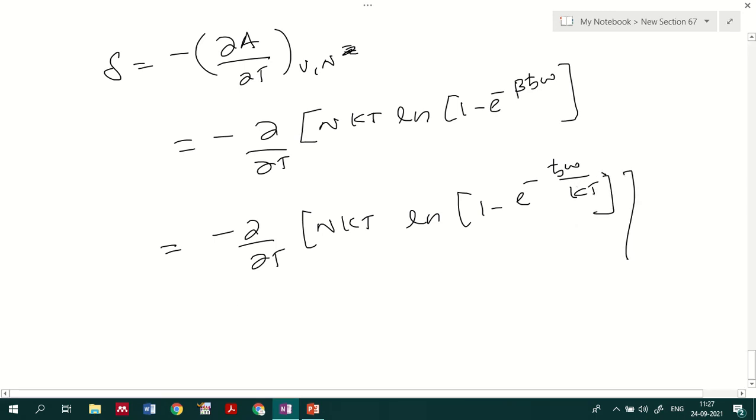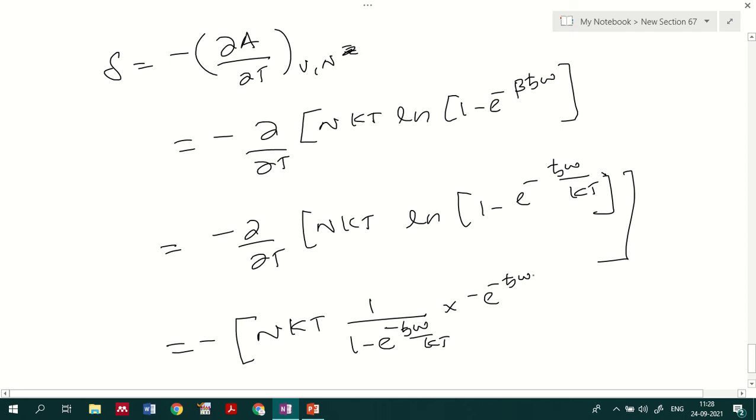Now if you do the differentiation here, you will get minus NkT times 1 by (1 − e^(−ħω/kT)), into minus ħω by kT, into ħω by kT, into 1 by T square, minus 1 by T square.